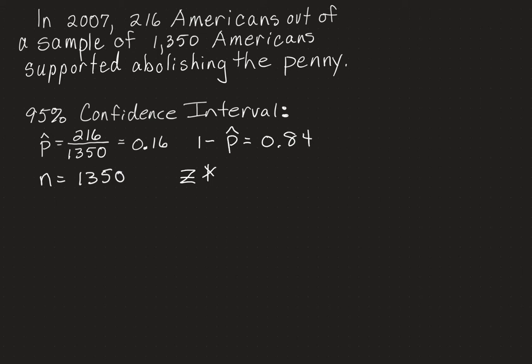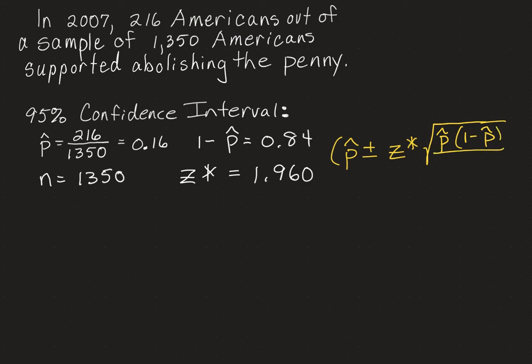Because we are calculating a 95% confidence interval, our z star value is 1.960, right? We are going to refer to this formula, p hat plus or minus z star times our standard error, which we calculate using p hat times 1 minus p hat over n.